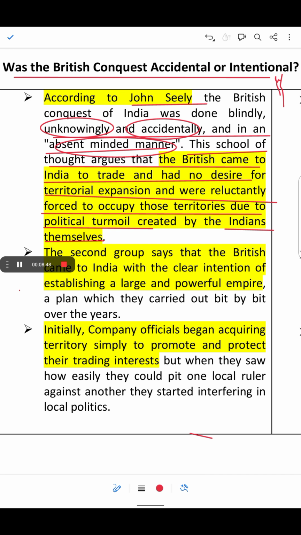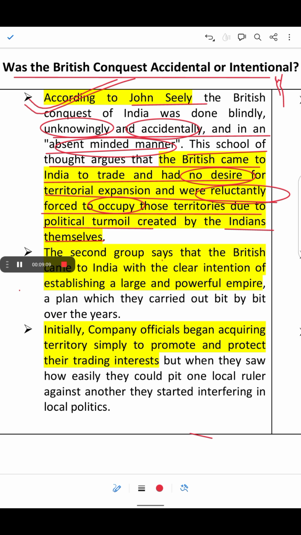The second group says, so this was the first group where John Seeley says that unknowingly they have had to acquire the territory in India. They had no desire, but they were reluctant, but yet they had to occupy.